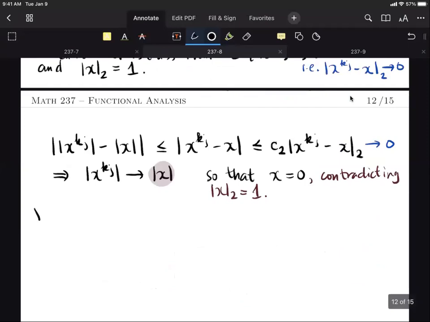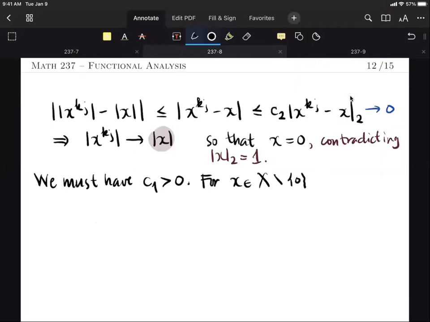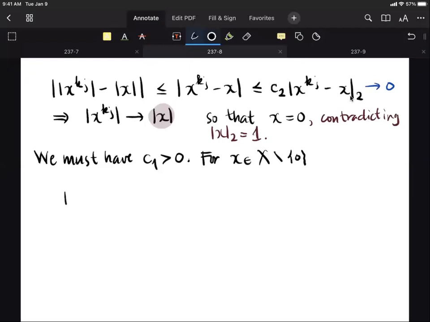This means that we must have C1 to be positive. Now, with this, we can compute as follows. For x, let's say, not equal to 0, we can write the norm of x as follows.